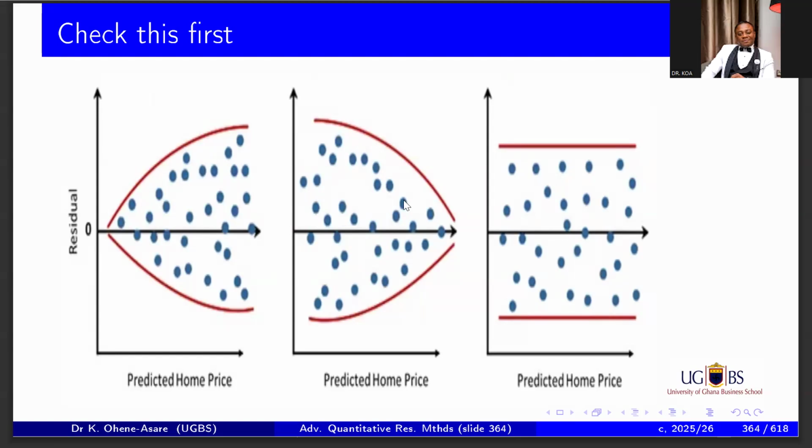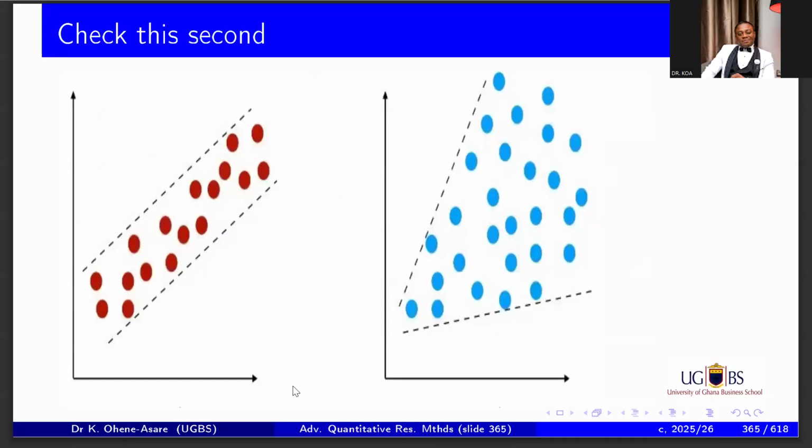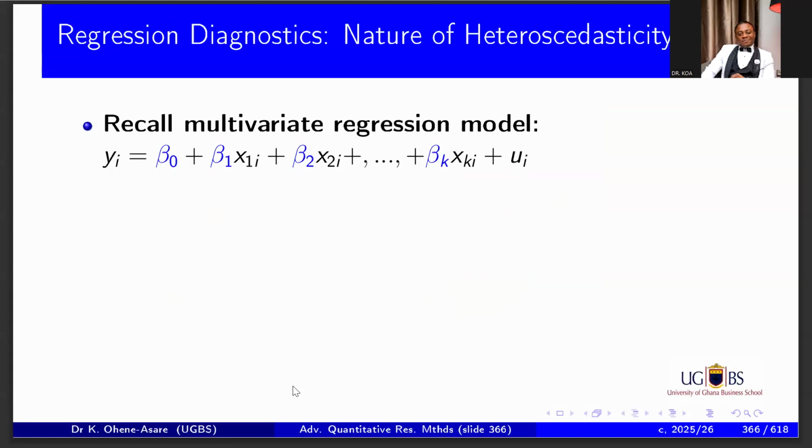Another pattern is detected on the next, and the way you know the pattern is there is by drawing that red line. And then finally, there is also a predicted home price for the last one. By just plotting the residuals, you are able to detect some level of pattern. This is another one. The zigzag will tell you whether there appears to be a pattern or no pattern in there.